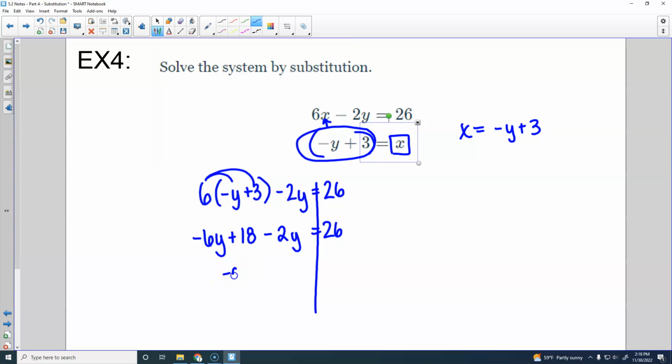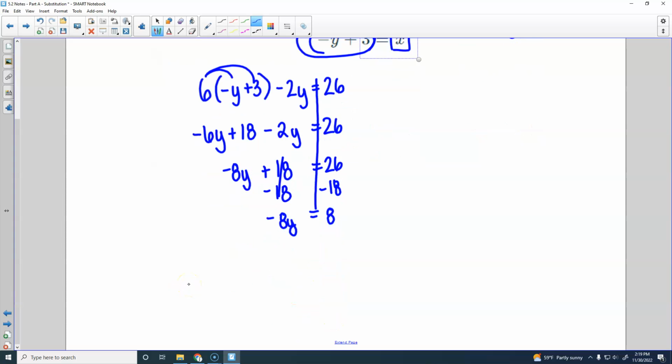And that's going to give us negative 8y plus 18 equals 26. Keep going. What do we do next? Very, very good. We get negative 8y equals positive 8. And last step. Good. And what do we get for our y? Perfect.